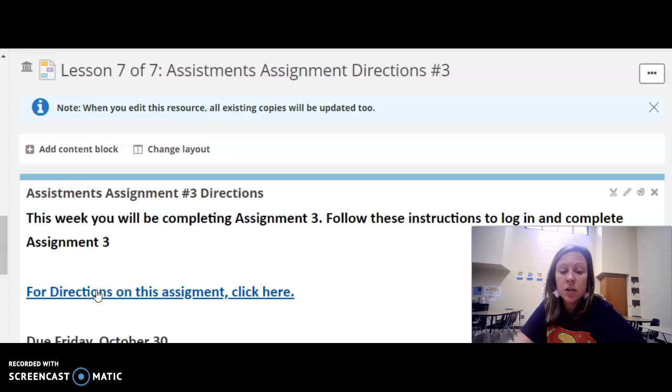Within this link also, if you need help, the email address that you can use to email for help is there. I would urge you, if you are emailing, to please make sure that you tell your name, your school, and your teacher's name, okay? That way she's able to help you a little bit better. She's managing all 7th grade students in Forsyth County, so she gets a lot of emails.